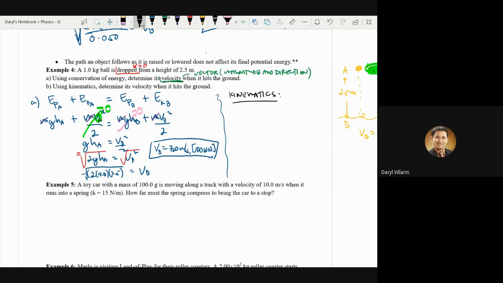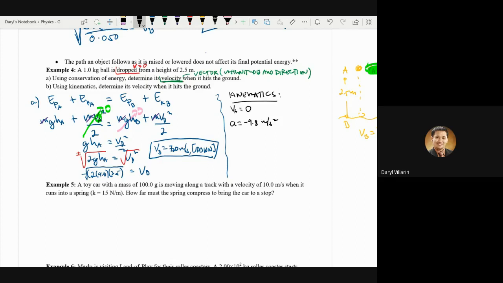We know that the velocity at A is equal to 0, so initial would be 0. And then acceleration is negative 9.8 meters per second squared. Again, this is on the coordinate system in which downward would be negative.